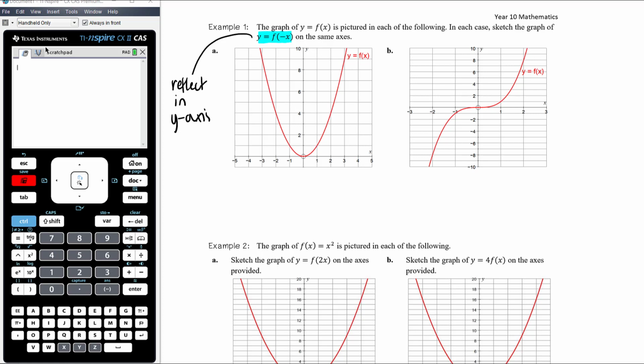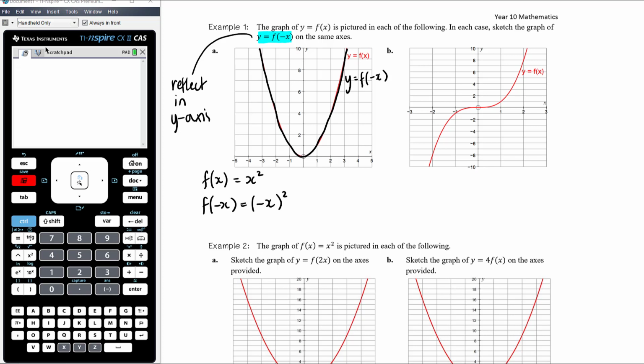nothing new happens. Okay, so in the case of the parabola, let's try and actually get it on top of that red graph, y equals f of x is the same as y equals f of negative x. Let's be clear about why that's happening. If we're saying that f of x here is the basic parabola y equals x squared, then f of negative x is negative x all squared.